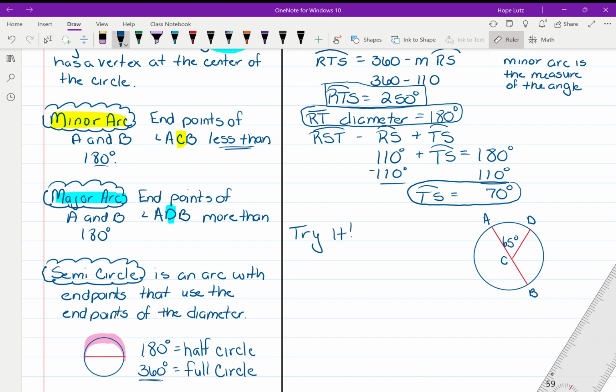So on this, I want you to find the minor arc of AD. So I'm going to put, let's do measure of AD, which should be easy. Then we're going to go to B. You're going to find the measure of arc DBA.